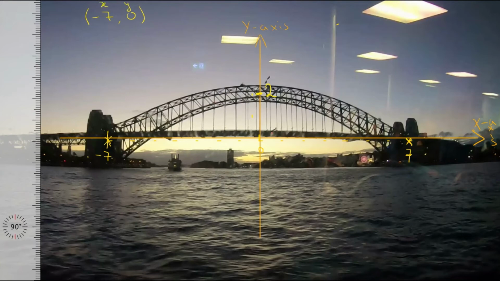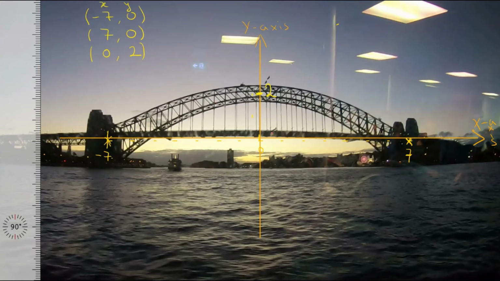On the right side here we have 7, 0, because on the x we have 7, and on the y it's nothing, as you look down here, so it's on 0. So therefore here it's 7, 0. And the last point that we have is this one over here, which is 0, 2.